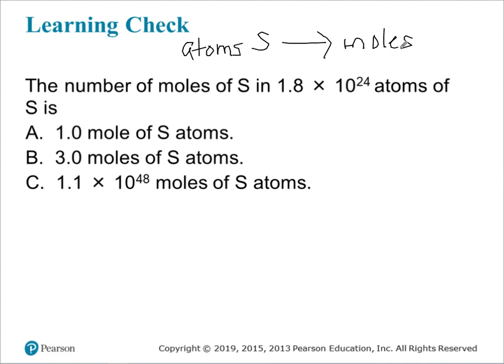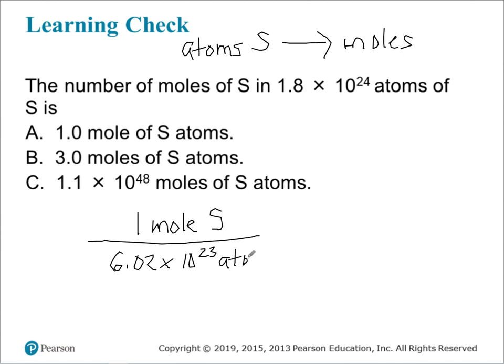So for that, we're going to need to have what we want at the top, which is moles. 1 mole of sulfur over Avogadro's number, 6.02 times 10 to the 23rd, atoms in this case, because that's what we have.